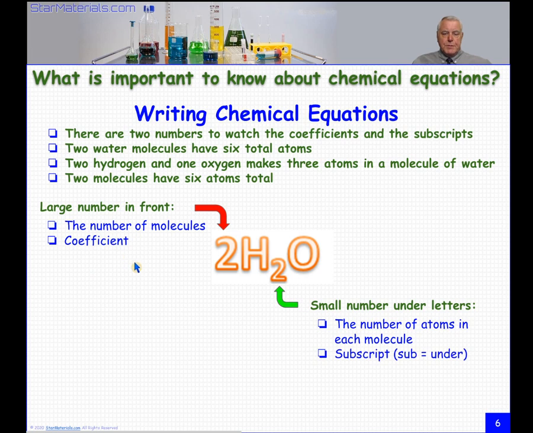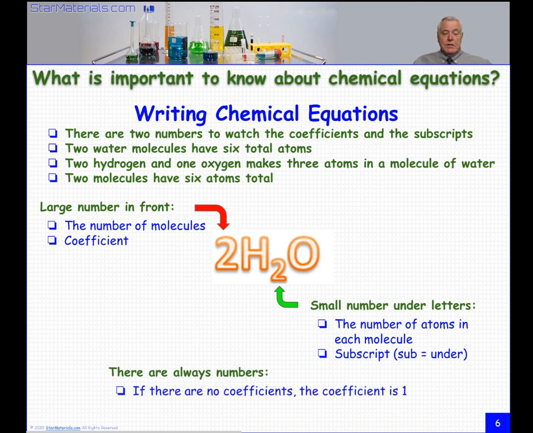So let's do the math. Start here. You have 2 hydrogen. There's no subscript there. Well, there are always numbers. If there is no coefficient, the coefficient is 1, because 1 times anything is that. If there's no subscript, the subscript is 1.